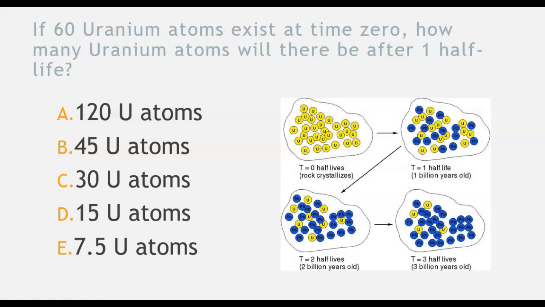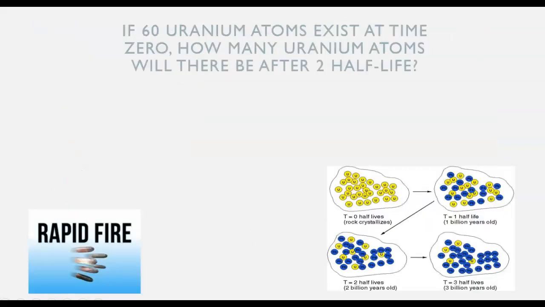Hopefully you pick C, 30. So 1/2 of 60 is C. Here's another question for you. If 60 uranium atoms exist at time 0, how many uranium atoms will there be after 2 half-lives? So calculate that out. If one half-life is 30, what is 2?